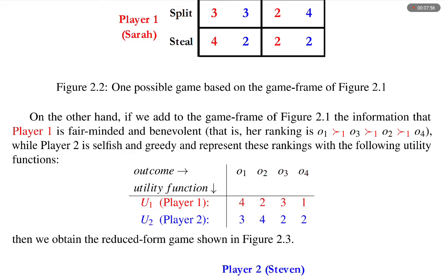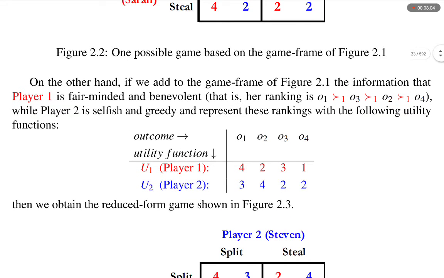On the other hand, if we add to the game frame of figure 2.1 the information that player 1 is fair-minded and benevolent, that is, her ranking is O1 is better than O3, which is better than O2, which is better than O4, while player 2 is selfish and greedy, and represent these rankings with the following utility functions.